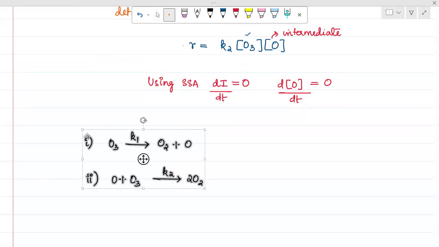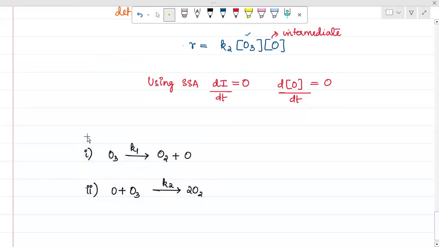Pay attention, please. In the first step, we need dO by dt. In the first step, O is being formed, so dO by dt, being a product, we can write the rate as K1 into concentration of O3, because this is elementary.